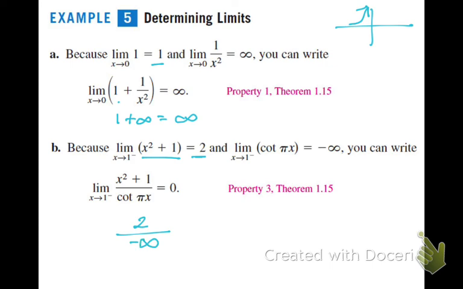It's going to be 0, because the numerator is constant and the denominator is getting infinitely large, whether it's positive or negative, it's still infinitely large. Am I good? Yeah.